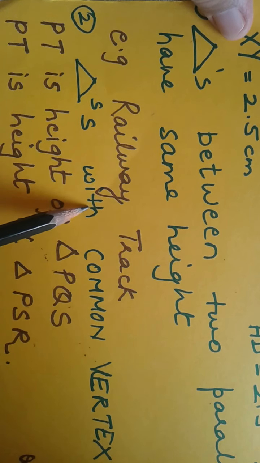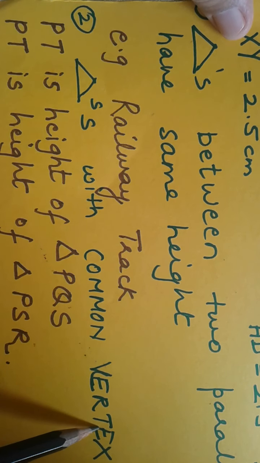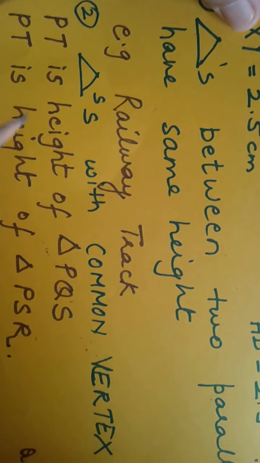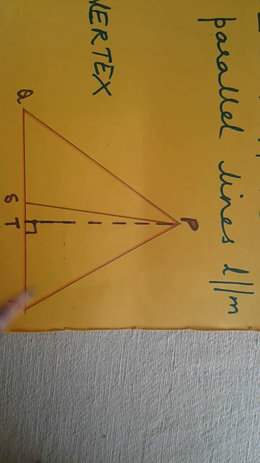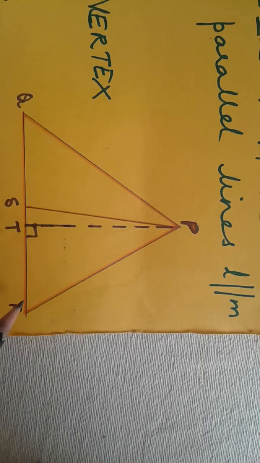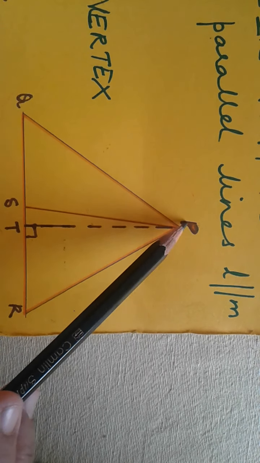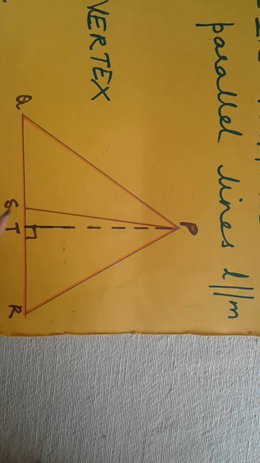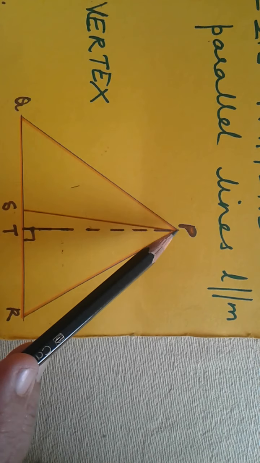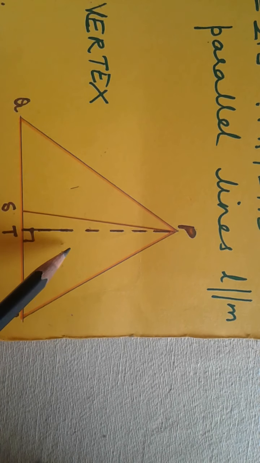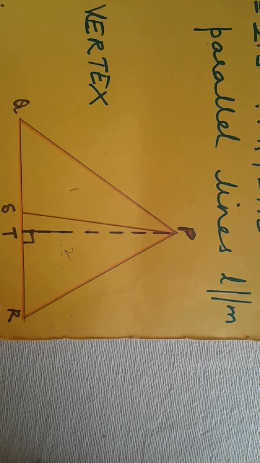Second condition, when the two triangles have the same or common height. When the triangles have a common vertex, the height is the same. See this triangle PQR. In this triangle we have PQS, this is one triangle, and PSR, this is the second triangle.